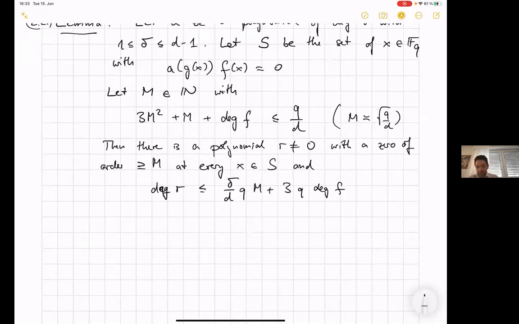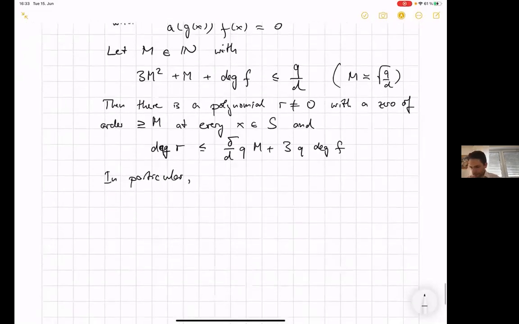This gives immediately an upper bound on the cardinality of the set S. So this implies, in particular, that the cardinality of S is bounded by, since every point has a zero of order at least m, I can just divide all of this by m: delta over d times q plus 3q over m times degree f.